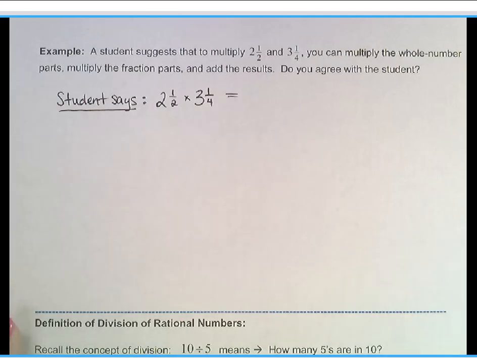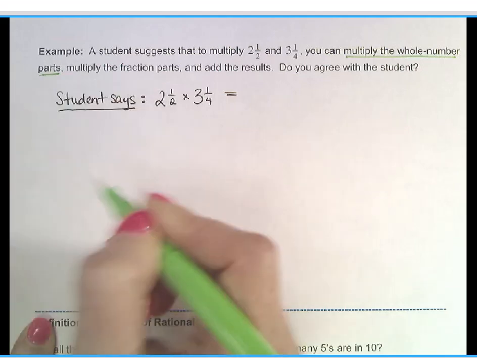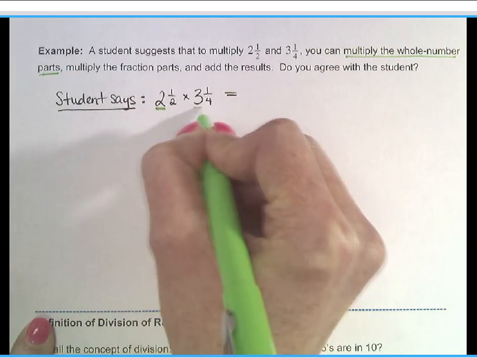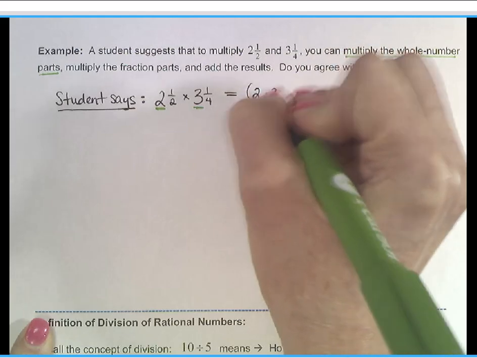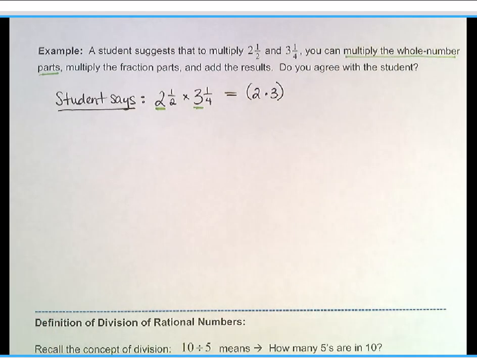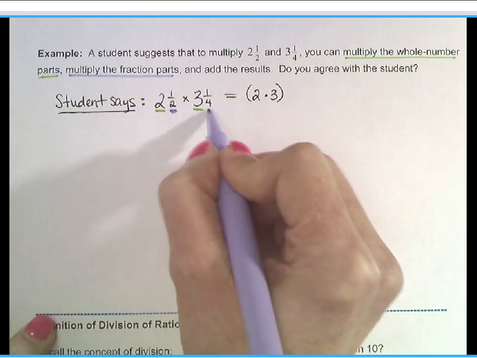They're saying multiply the whole number parts. So the whole number parts would be the 2 and the 3. So I think they're saying you multiply 2 times 3. And then they're saying you multiply the fraction parts. So here's the fraction parts.